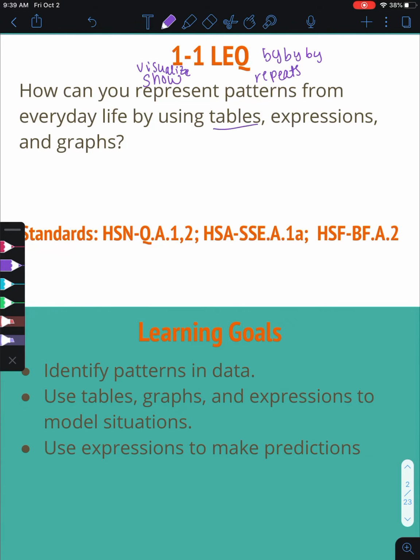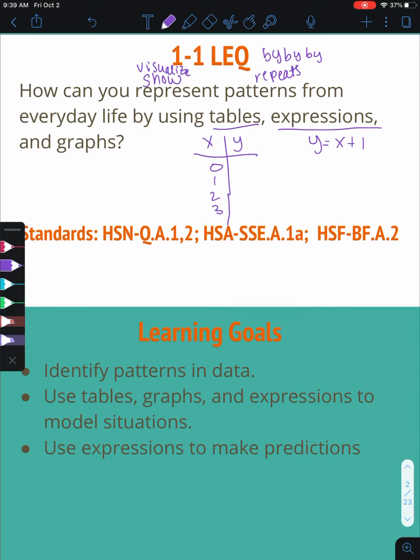So using a table, we're familiar with tables. Typically there's an X column and a Y column. And our X we can say is 1, 2, 3. And then generally our Y varies based on our expression, which we focused on last week. So an expression could be Y equals X plus 1.